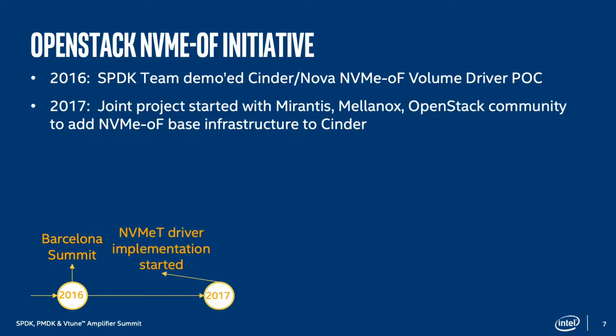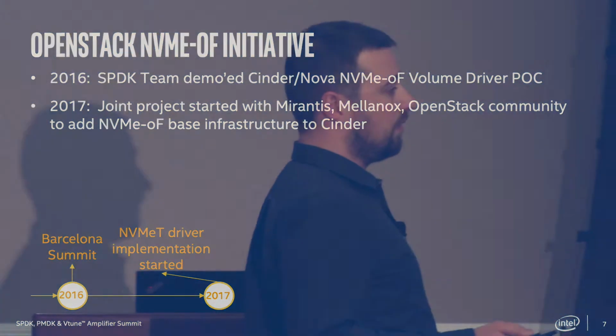Later, in 2017, a joint project started with Mirantis, Mellanox, and the OpenStack community to add NVMe-based infrastructure to Cinder and Nova. It was the kernel version, not SPDK yet.